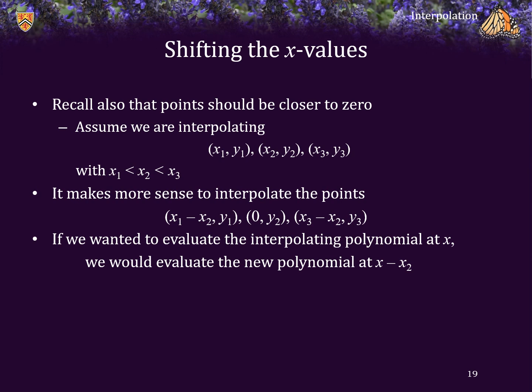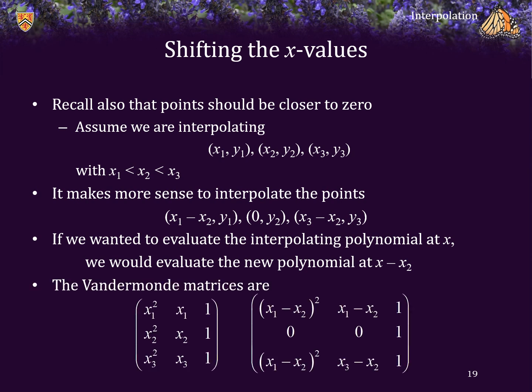However, now if we wanted to evaluate the original polynomial at some value of x between x1 and x3, we would find the interpolating polynomial for the new set of 3 points, and then we would evaluate that new interpolating polynomial at the value x minus x2. All right, so the Vandermonde matrix of the original 3 points is on the left.